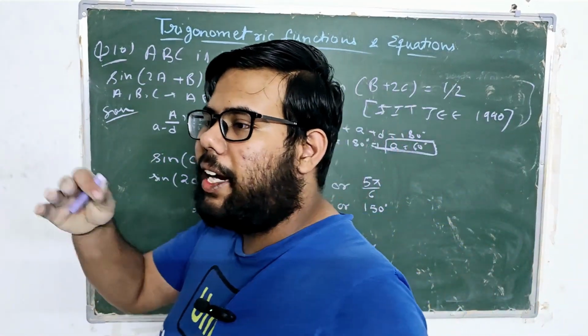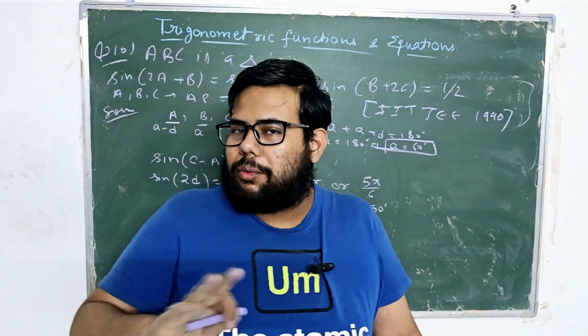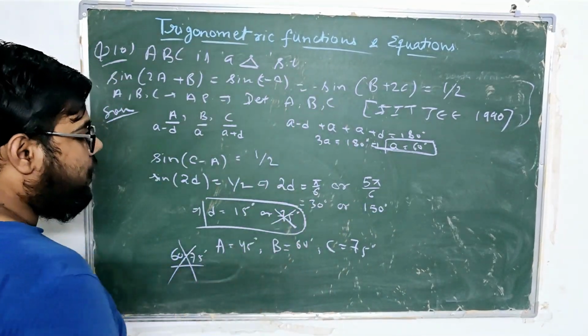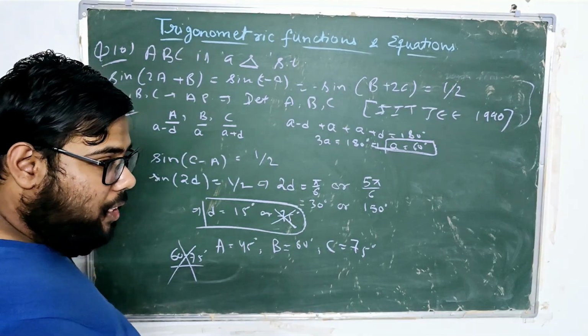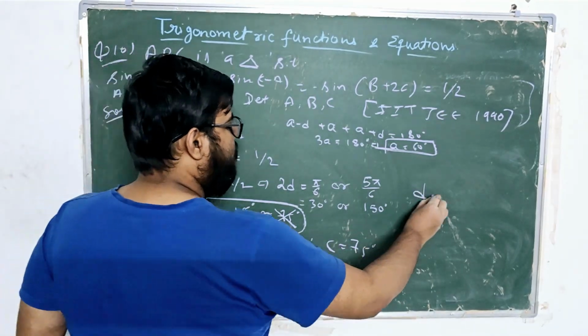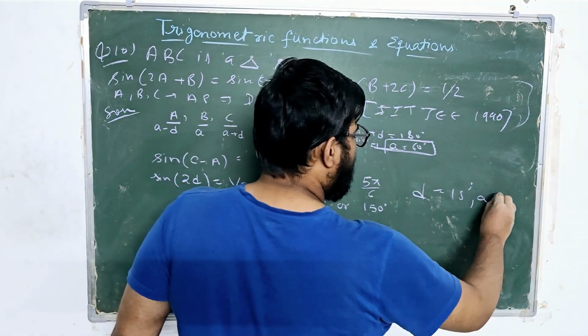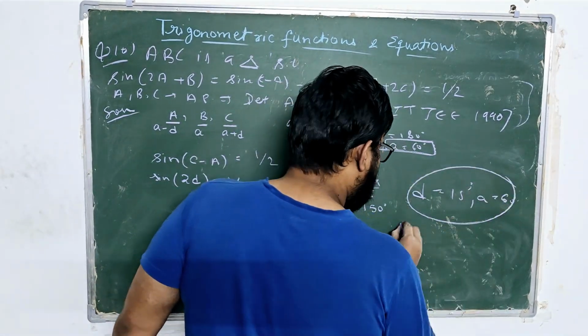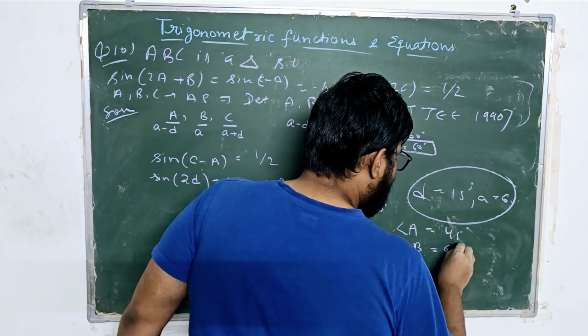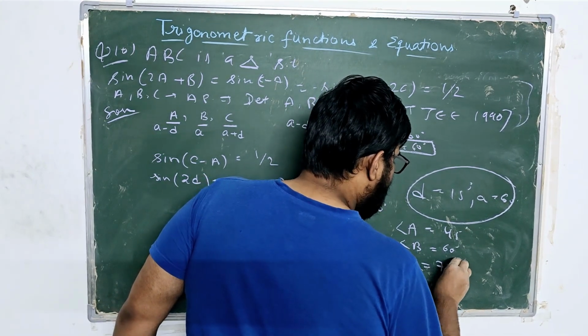No, we are not going in clockwise direction movement, no. So D is equal to 75 is rejected, because for that one angle has to be negative, which is not possible. So D is equal to 15, A is equal to 60 degree, and angle A is 45, angle B is 60 degree, and angle C is 75 degree.